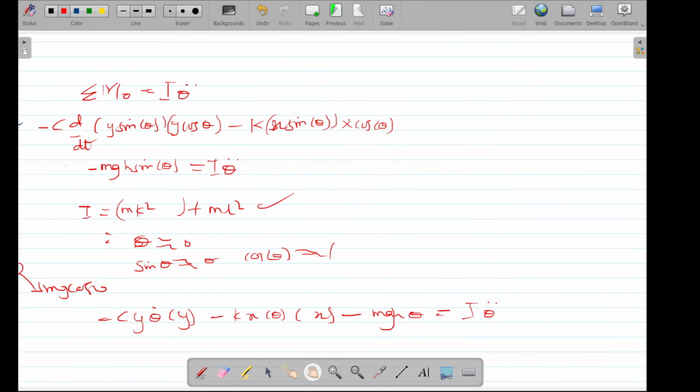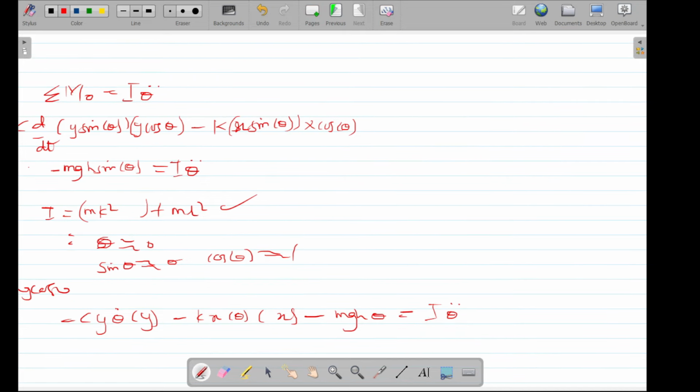So in the end, this one will give us minus c y squared theta dot minus k x plus mg h theta equals what?